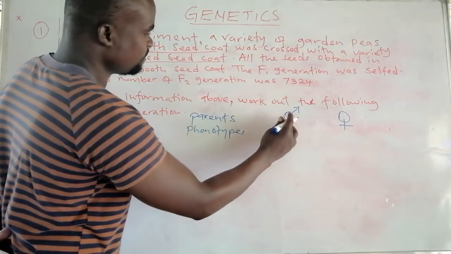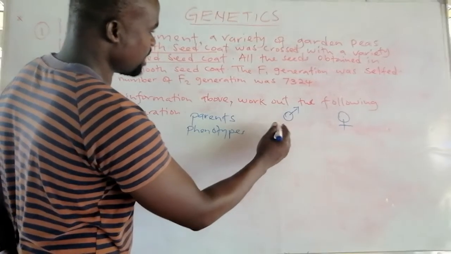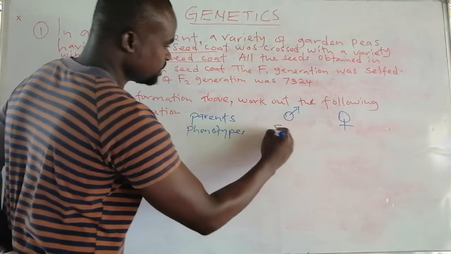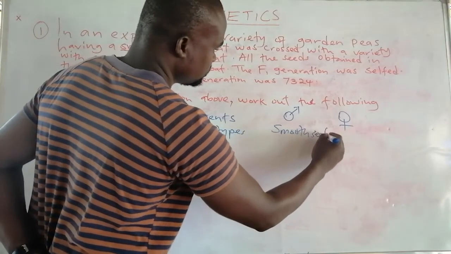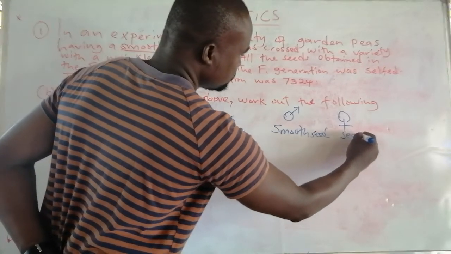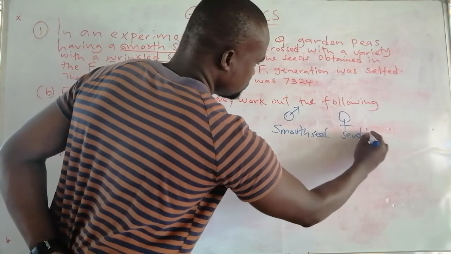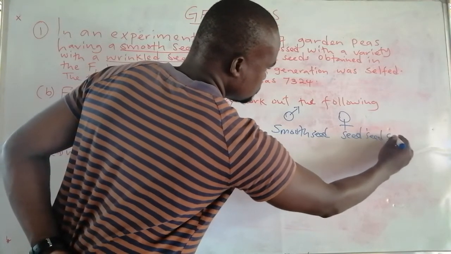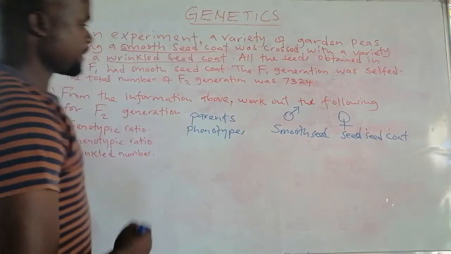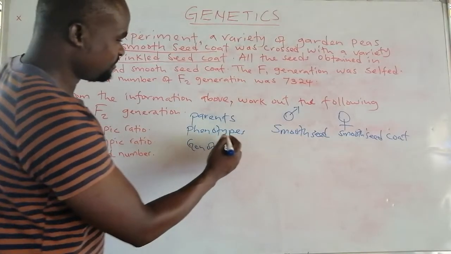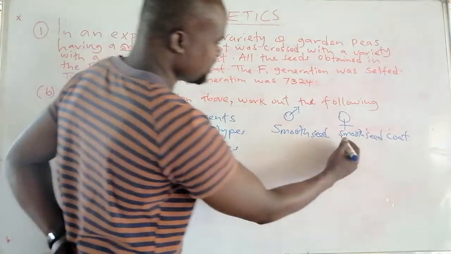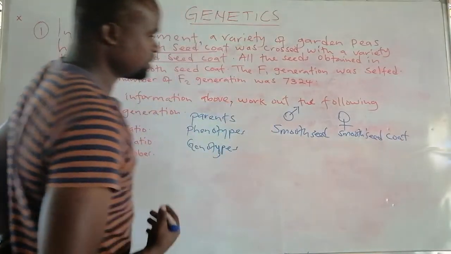We are going to have all were smooth seed coat. This was also smooth seed coat. Then we go to the genotypes. So we have phenotypes, smooth seed coat and smooth seed coat.